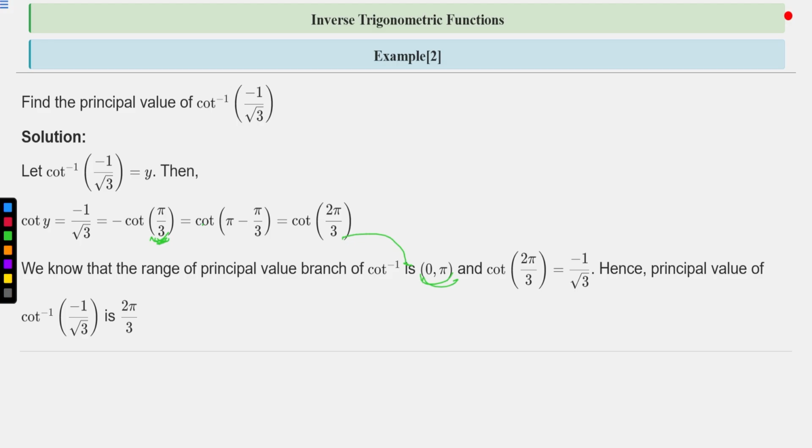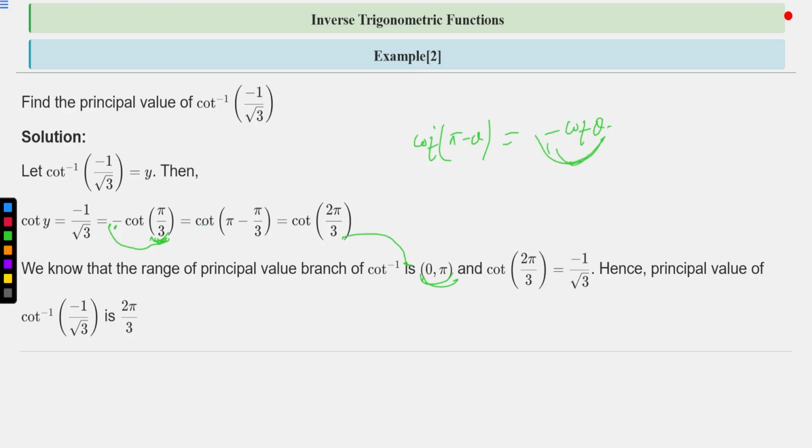Cot of pi minus pi by 3 is minus cot pi by 3. You cannot compare cot y and minus cot y directly. We know that cot of pi minus theta is minus cot theta.